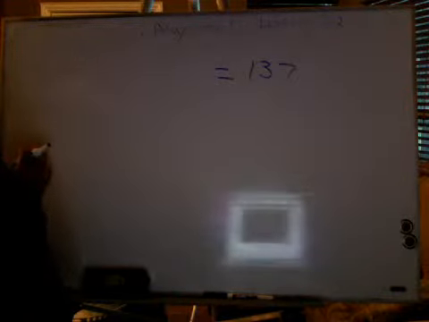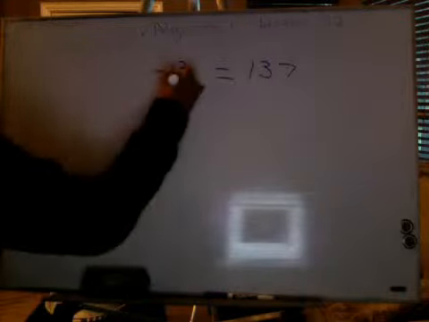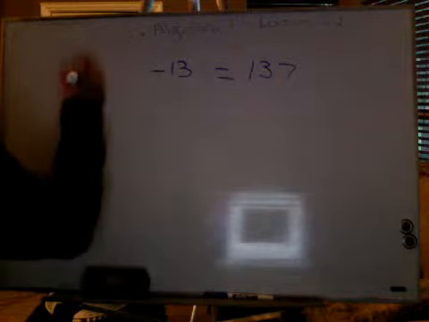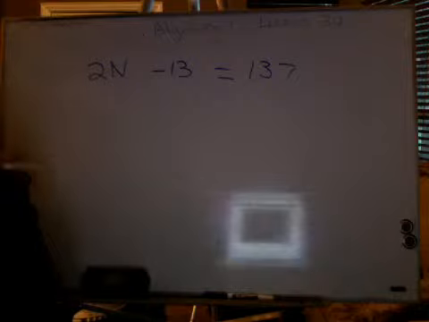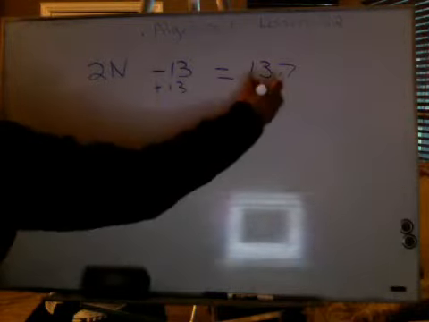Find a number such that 13 less, so it's 13 less. You're going to minus 13 from twice the number. Remember, twice the number is 2 times. And there's your equation. So then we add 13 to both sides.